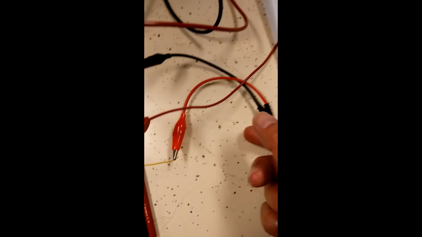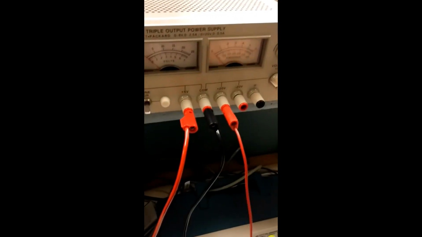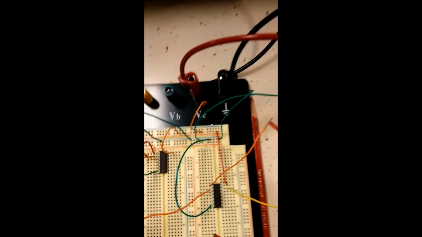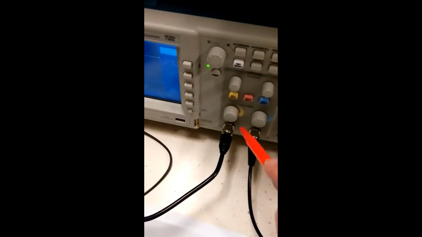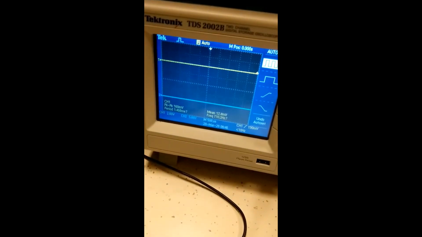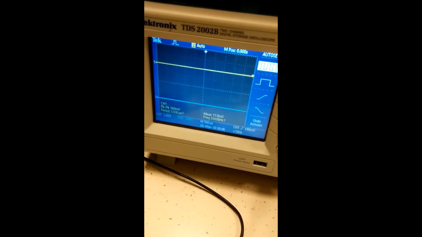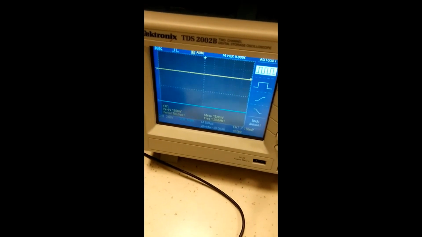I connected it to 5 volts from the DC power supply. The output I connected to channel 2 of the oscilloscope. Now I have not turned on the power, so you see all the signals are showing 0 volts.